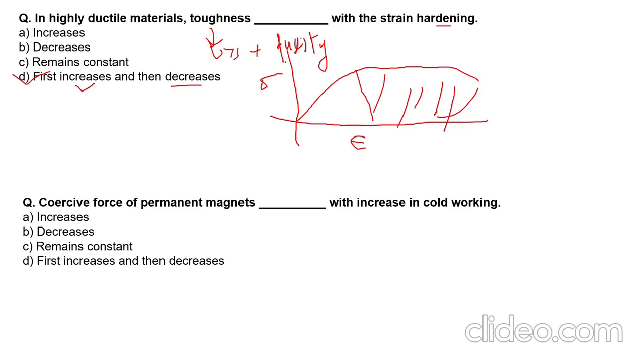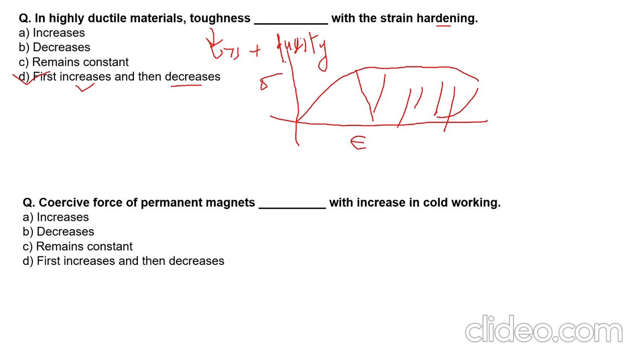Whether there are some electrical properties or magnetic properties in the material, they are also affected because of plastic deformations. So in this question, you have to say what is the effect on your cohesive force when you are increasing the cold working, that is, strain hardening the material. What will happen to your cohesive force? Will it increase, decrease, remain constant, or first increase and then decrease?